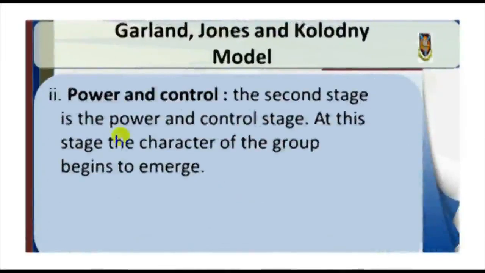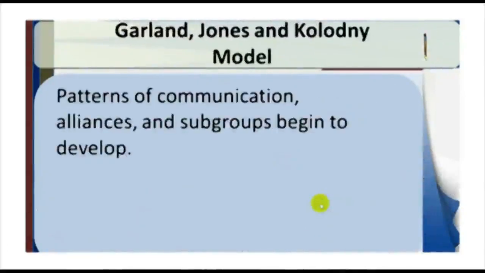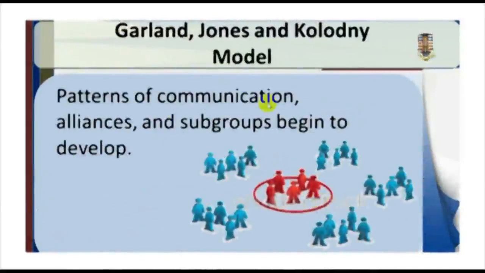2. Power and control. The second stage is the power and control stage. At this stage, the character of the group begins to emerge. Patterns of communication, alliances, and subgroups begin to develop.